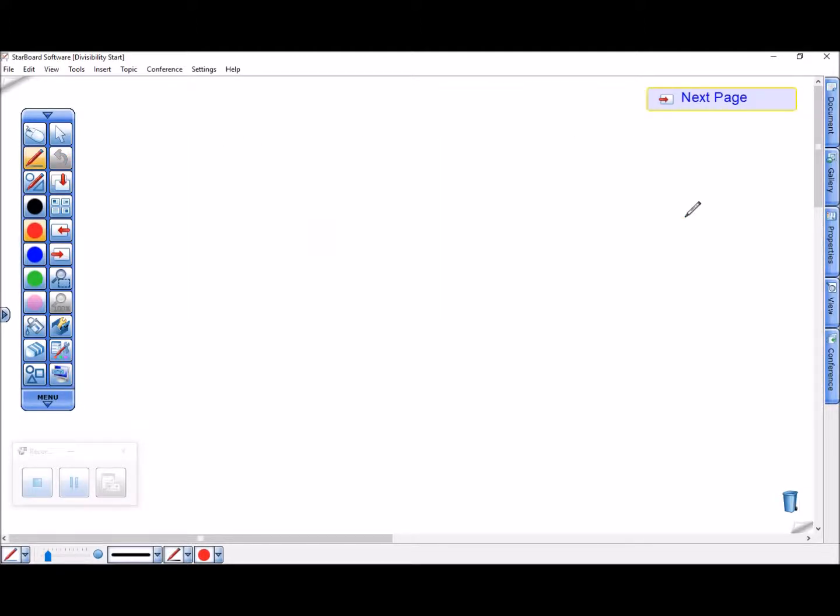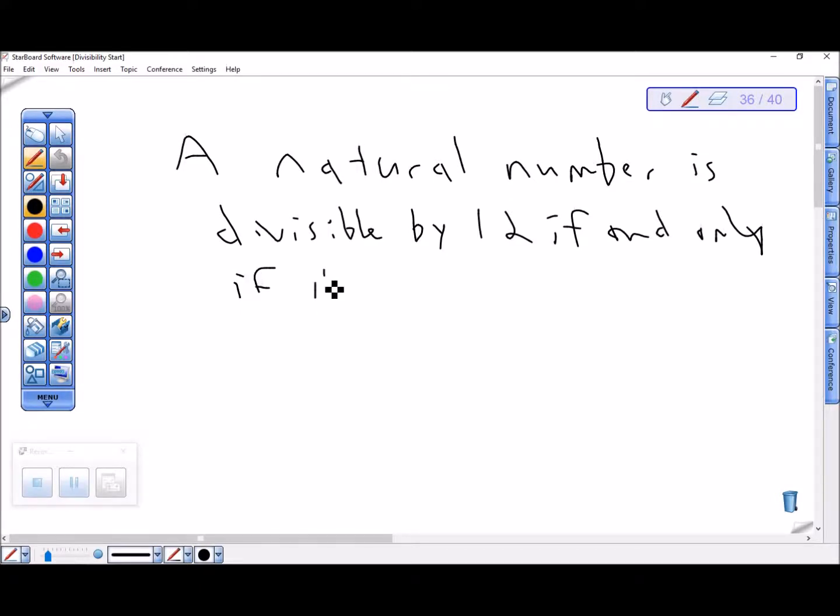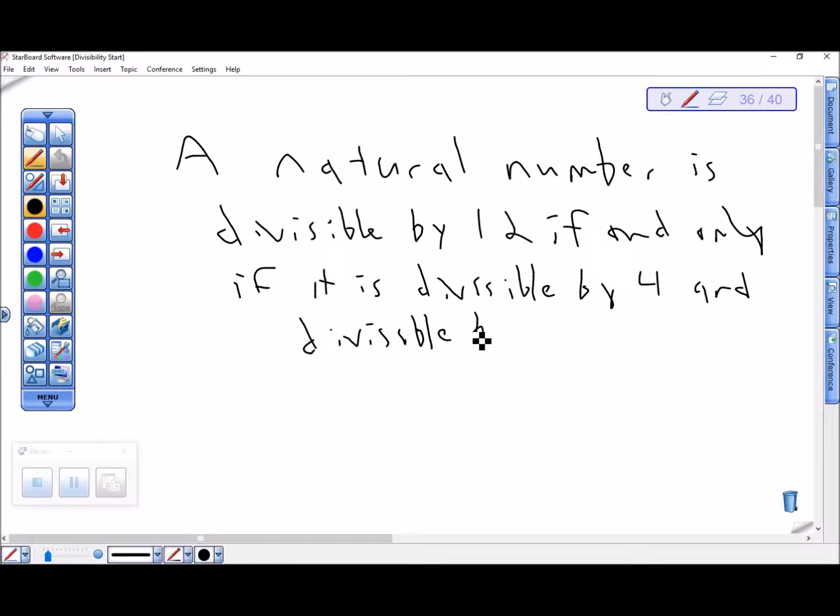All right, let's get our last test here. This is for the number 12. A natural number is divisible by 12 if and only if it is divisible by 4 and divisible by 3.